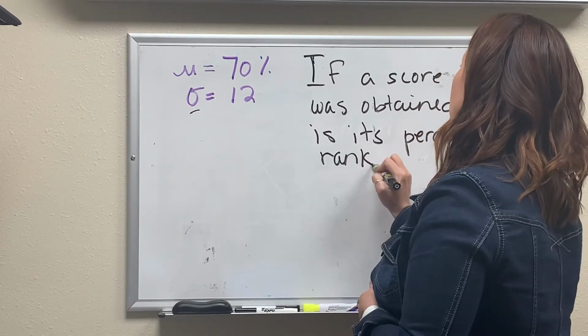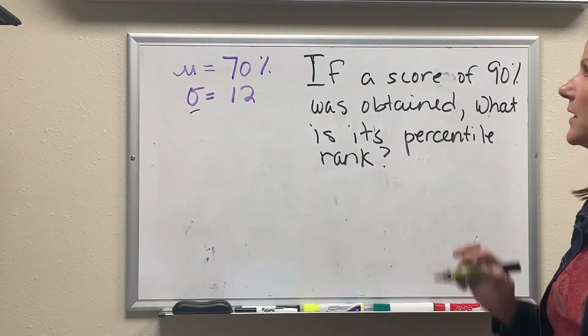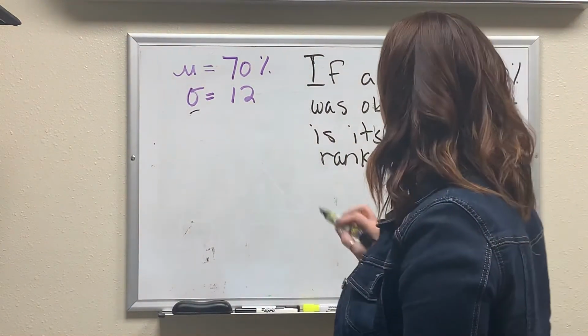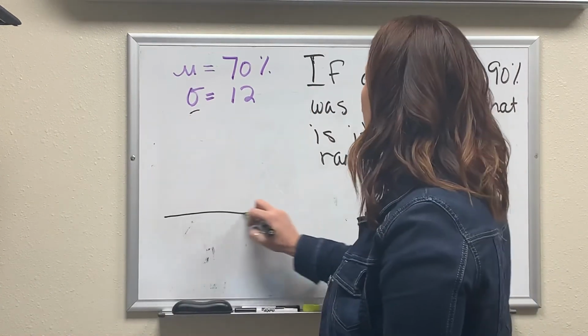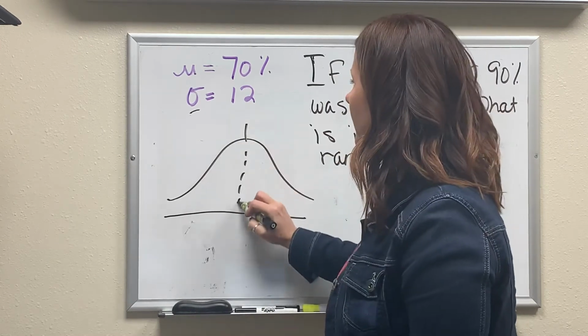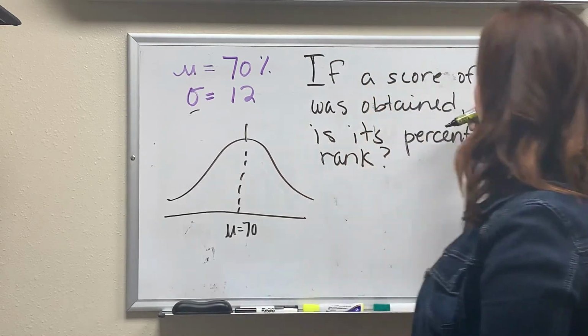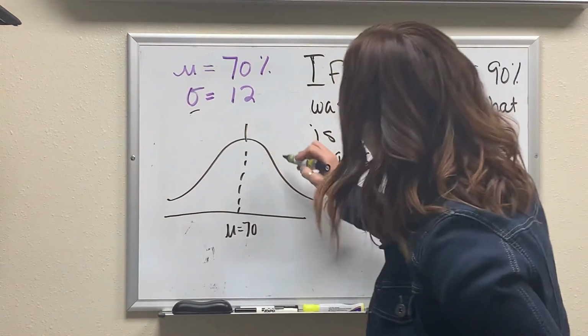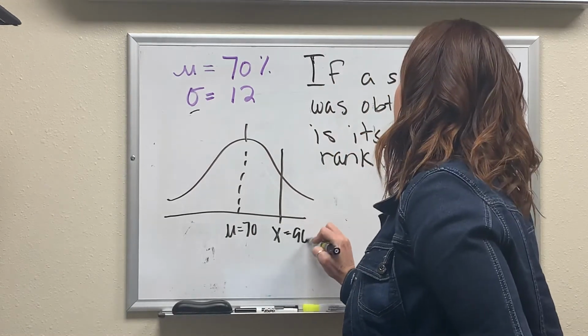So now we're looking for the percentile rank of a score of 90%. Okay, remember, based on our definition, that is going to be everything below. So we know the mean is 70. 90% would fall above that. So we're going to say 90% is over here. X equals 90.